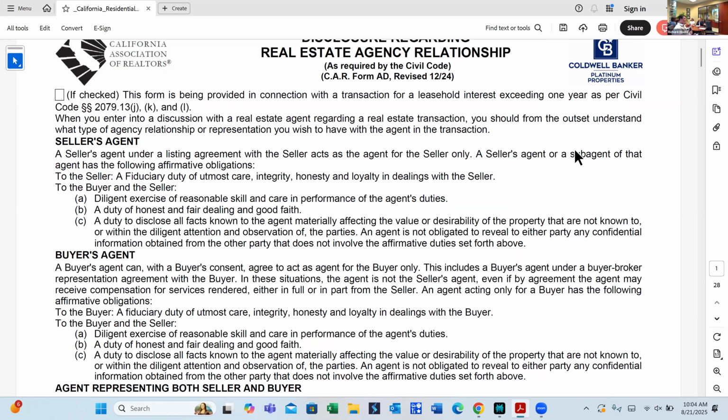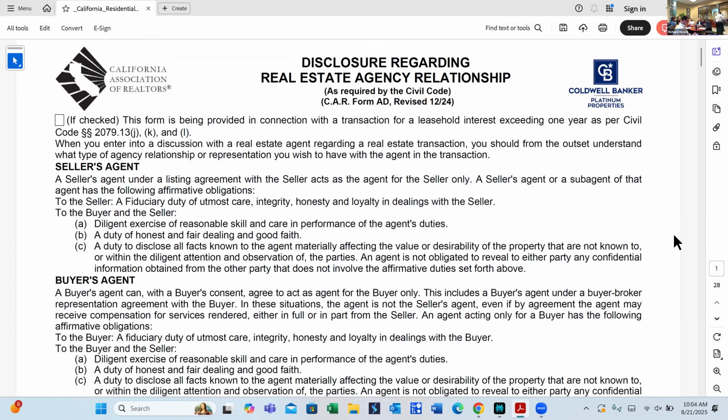So I'm going to bore you to death with this, but this is the way it goes. We're going to go to the purchase contract and all of the other ancillary disclosures that are associated when writing a purchase contract. When you pull up Zip Forms, the very first form is going to be the disclosure regarding a real estate agency relationship.